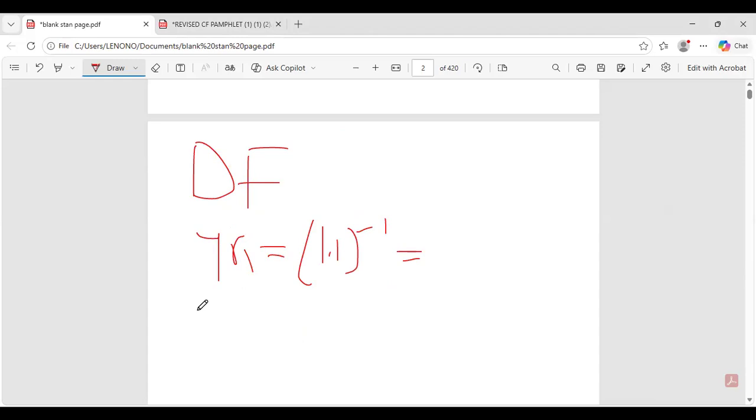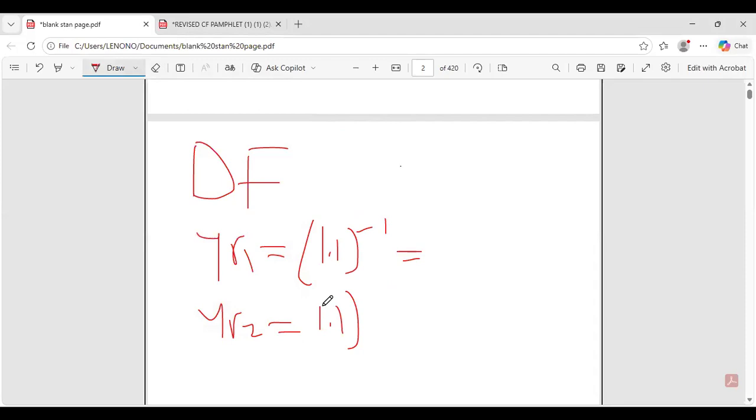That gives you the factor. Year two, you see 1.1 to the power negative 2.